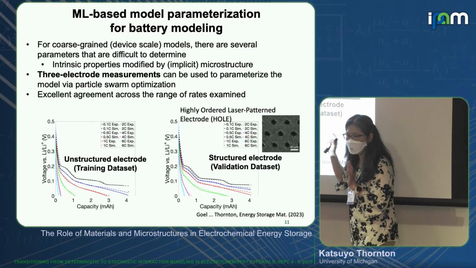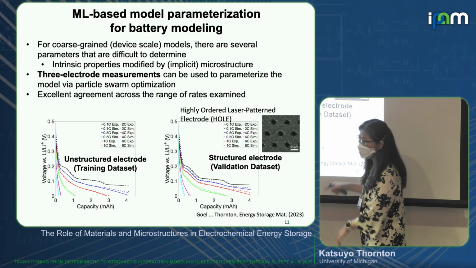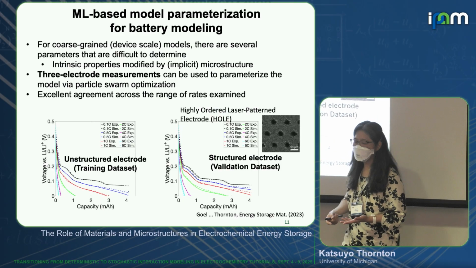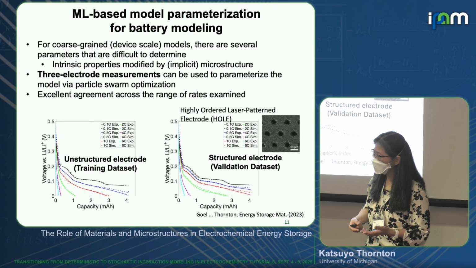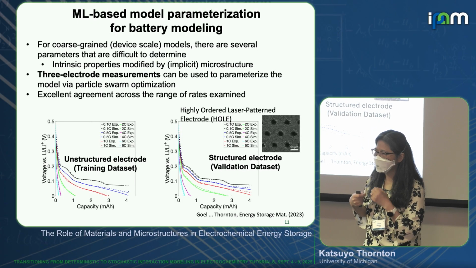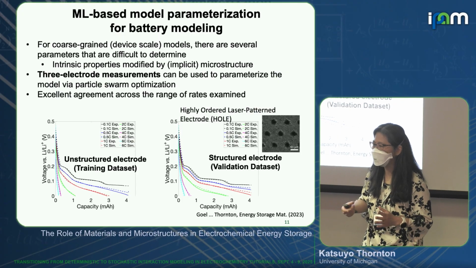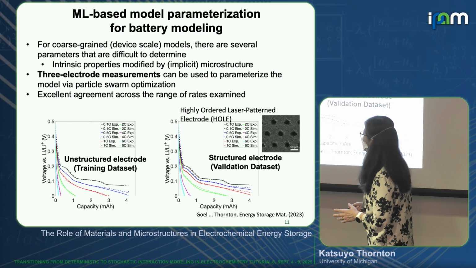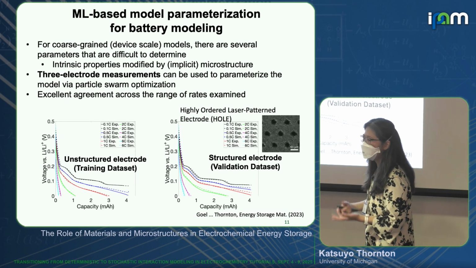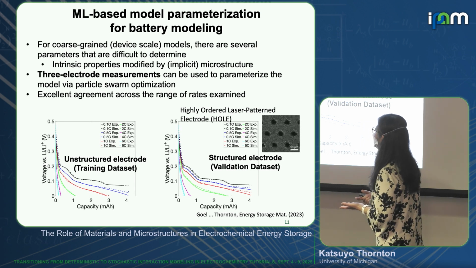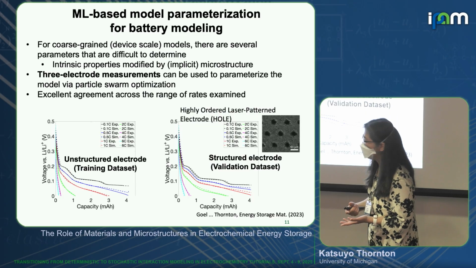What we wanted to do with this work was to make the anode tolerate high rate. In order to avoid lithium plating, we had to make the lithium transport really fast, right?